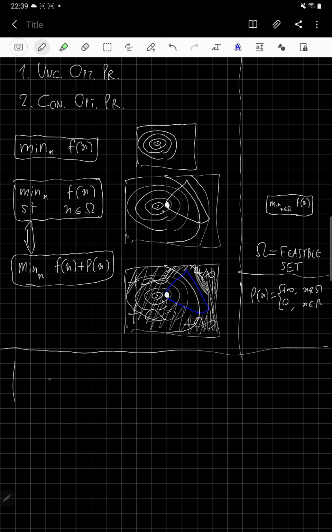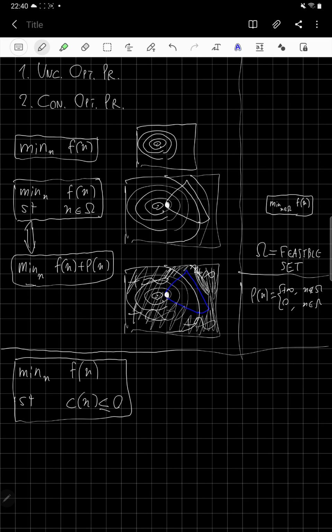Okay, imagine our problem is given in this form instead. Minimize f of x subject to some constraint to x such that c of x is smaller than 0, where c is the constraint.